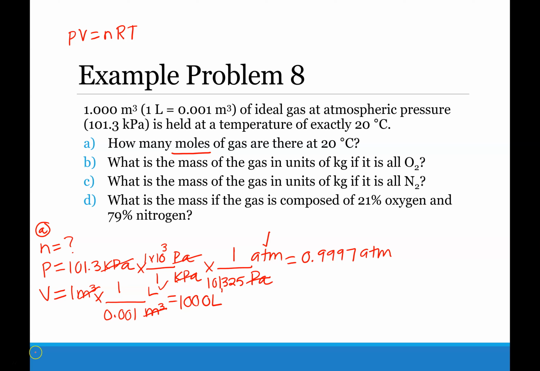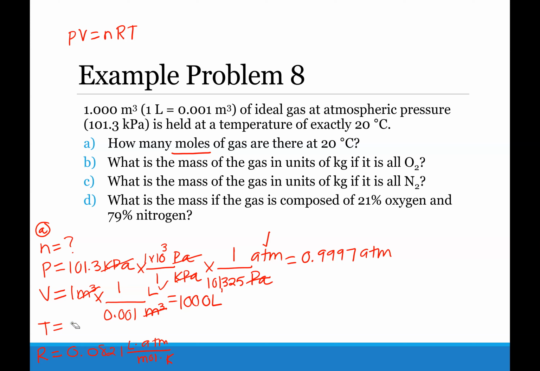R we know is always going to be the ideal gas constant. And I'm going to put it down here because we do have a conversion for temperature. 0.0821 liters ATM per moles Kelvin. And so for our temperature, we're given it in units of Celsius. So A wants to know at 20 degrees Celsius.